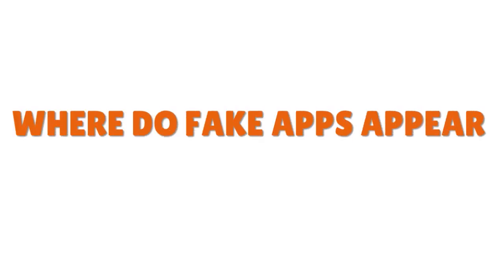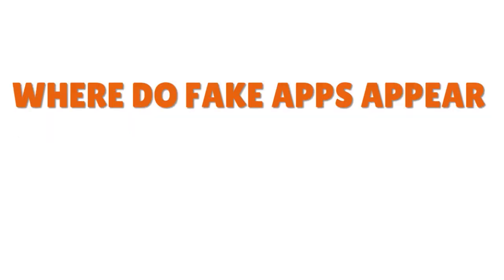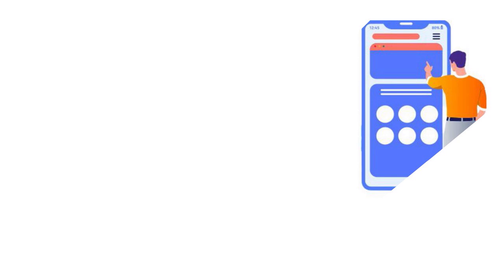When you're thinking about fake apps, it's important to understand that they appear in specific places. As you navigate your digital journey, your life online, you've got to be aware of certain locations where those fake apps appear. There are several ways fake apps will work their way to you.